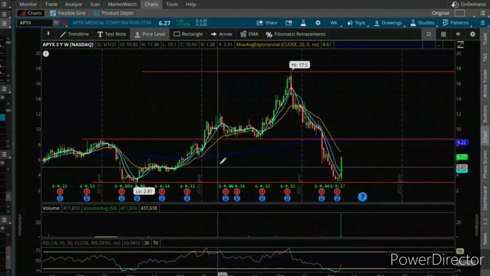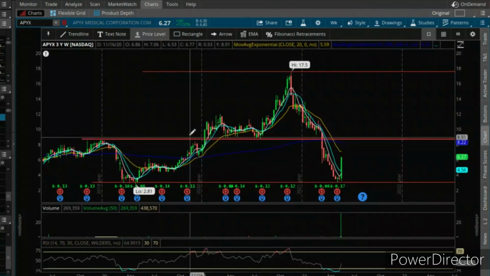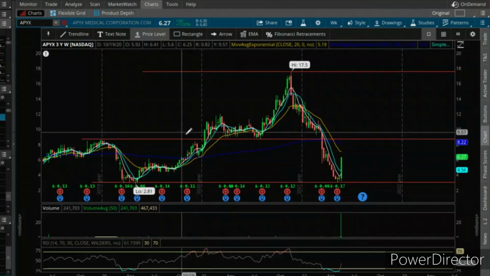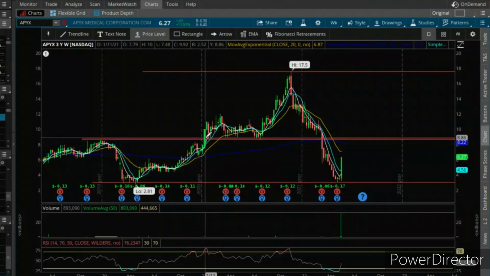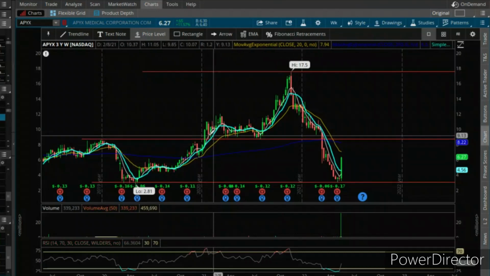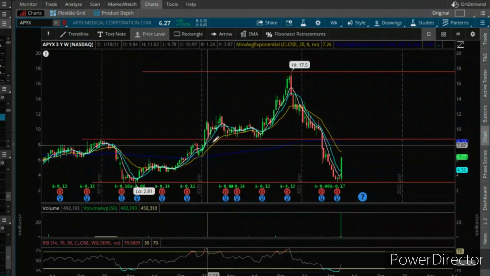And a good key to look at when a support line is respected, most of the time the candlesticks will have wicks. They won't break the line. They'll just have wicks. Like, for instance, these wicks right here.